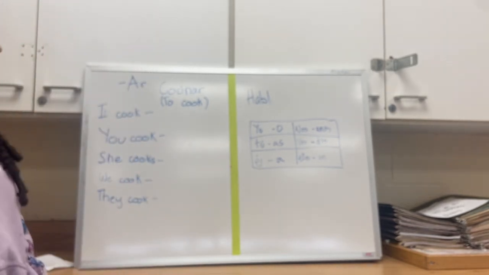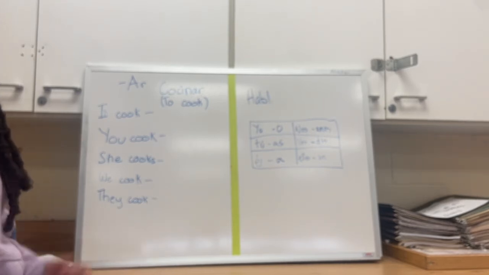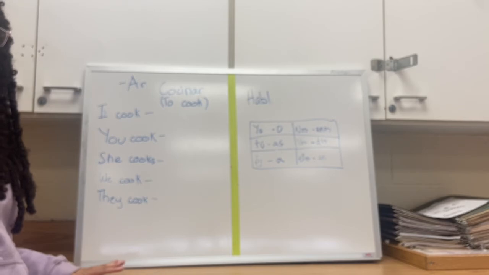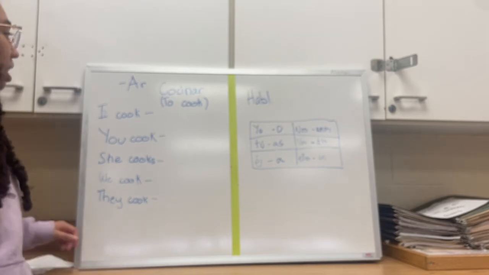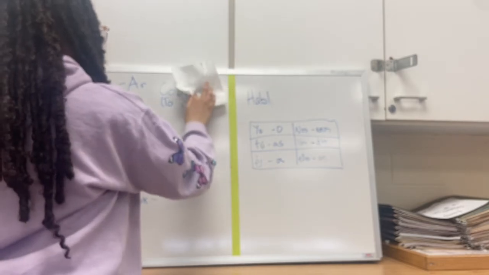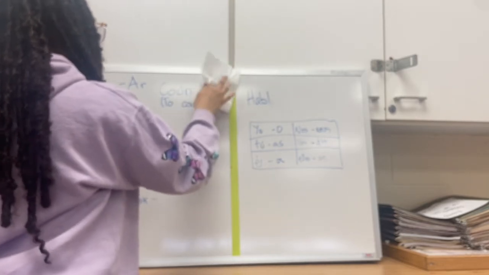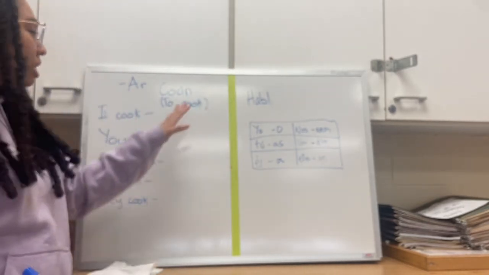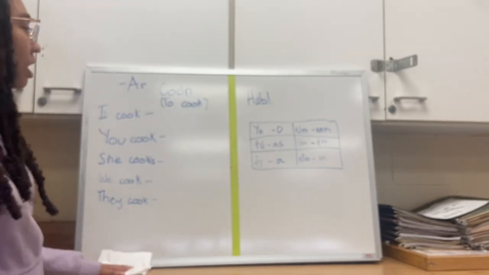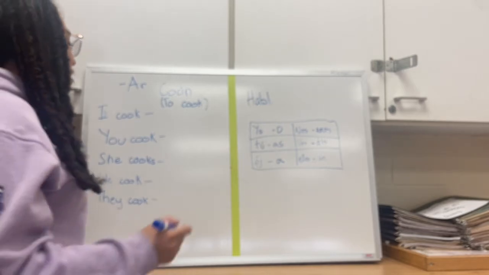Now that we are back, we get to do this together. So what is the first thing that you do when you're conjugating? That is right. We take off the ending. So now we have cocina. We don't have the R just yet because we don't need that anymore because we're conjugating, right?